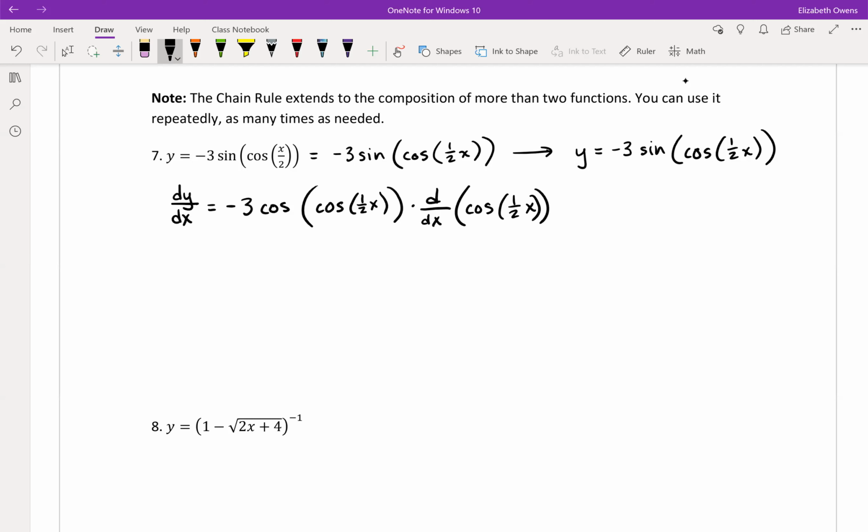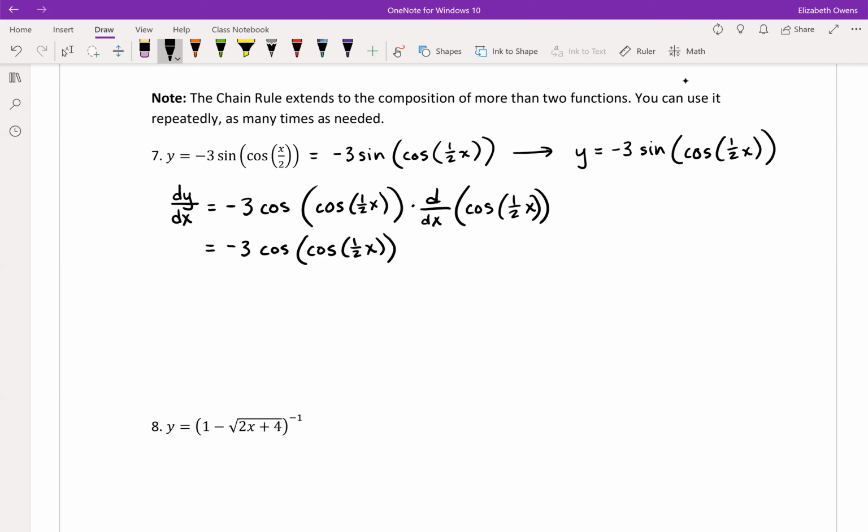In this first factor, there's really not much we can do with that. We're just stuck with -3 cosine of the cosine of 1/2 x. As a little note, make sure you notice that this is cosine of cosine, a composition, not cosine times cosine. This is not cosine squared, so just leave it how it is.